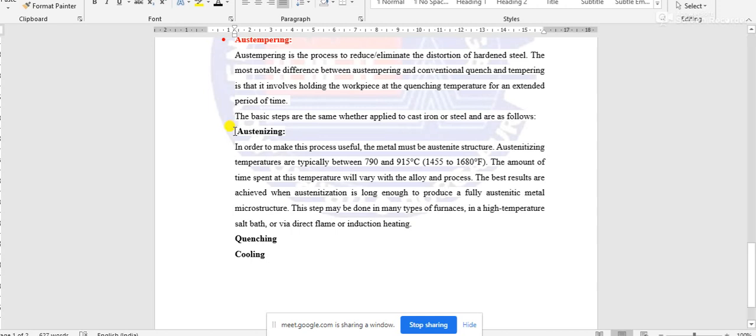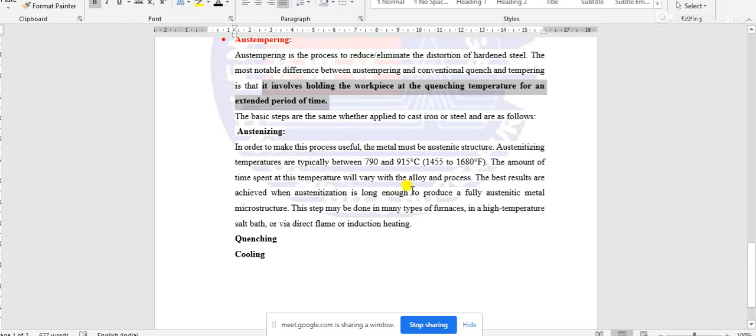And the main difference is the time period of holding the temperature. That is, holding the workpiece at the quenching temperature for an extended period of time. This is the main difference between conventional tempering and austempering.